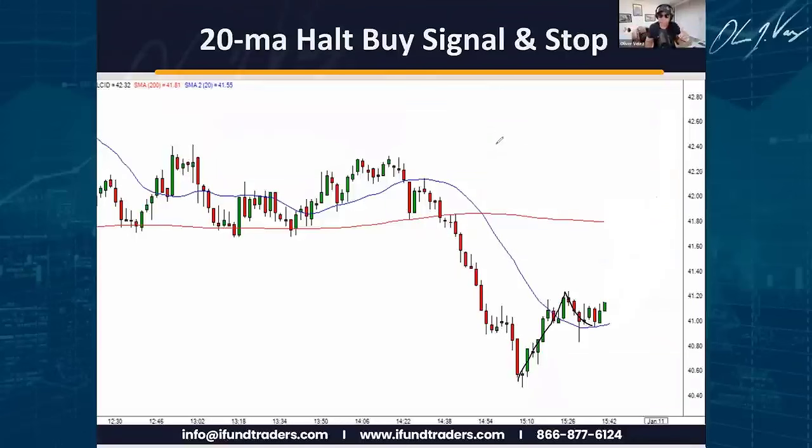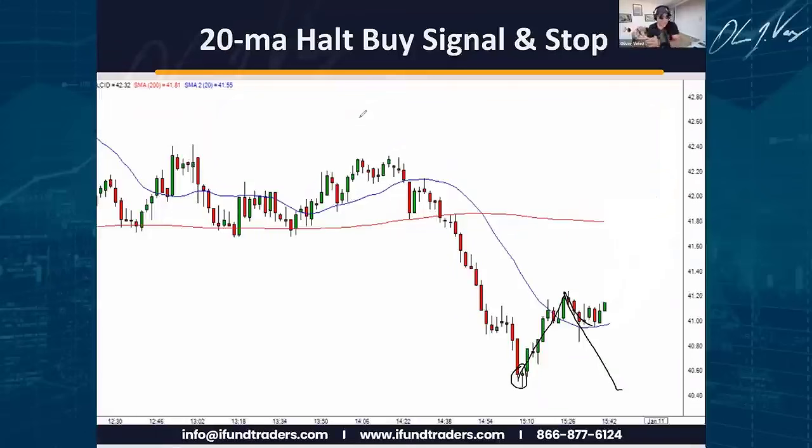Or does the stock just ignore the 20 and continue lower? If the 20 catches the stock, all right, that's when we start to salivate. This is catching the secondary bottom. You see, the first bottom is here, the dual space. And I have techniques with my traders to try to capture that first bottom.